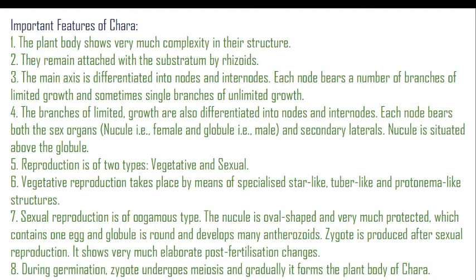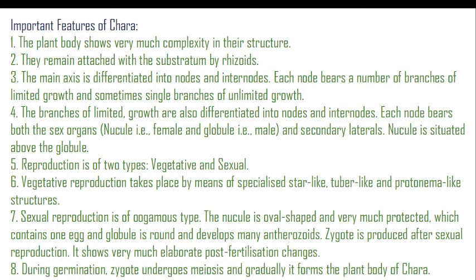So in this way there is a development of reproductive organs. Then the reproduction is of two types. First, vegetative, and second, sexual reproduction.